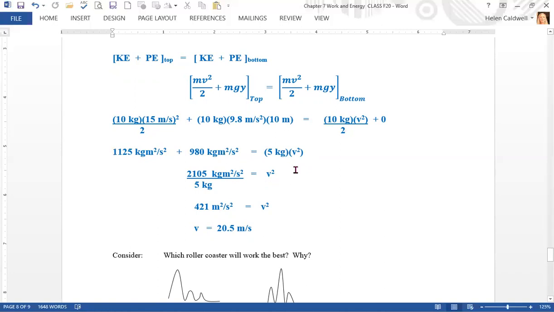Divide both sides by 5 kilograms. You end up with 420 meters squared per second squared for v squared. Take the square root of that and you get 20.5 meters per second for v.